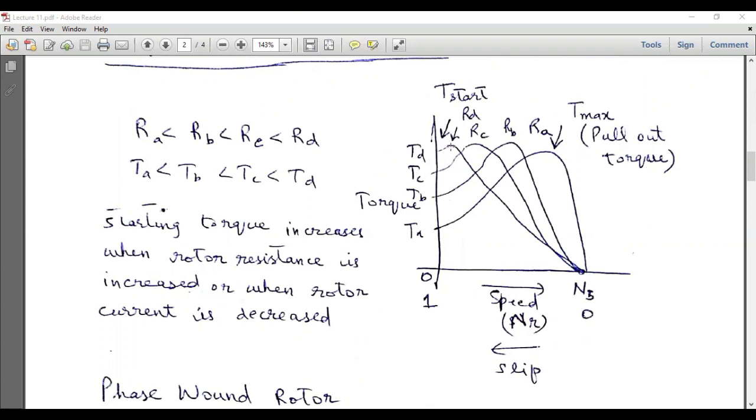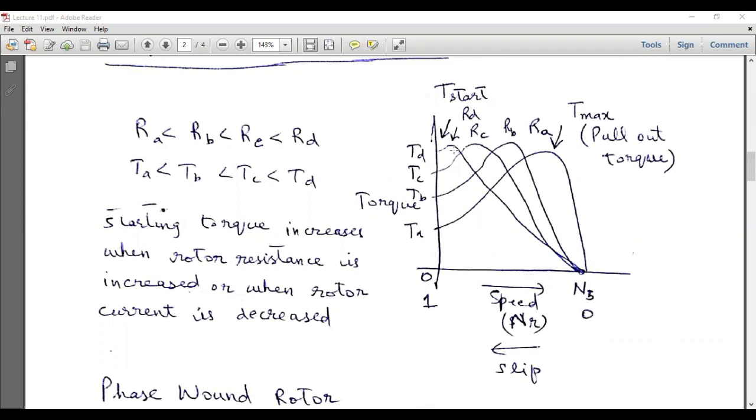So here we have starting torque, which is the highest over here. But when the motor is in a running condition, its operating point will be somewhere over here. And at this point, we will have low running torque. So at start, we want to keep the rotor resistance at the highest value to get high starting torque.